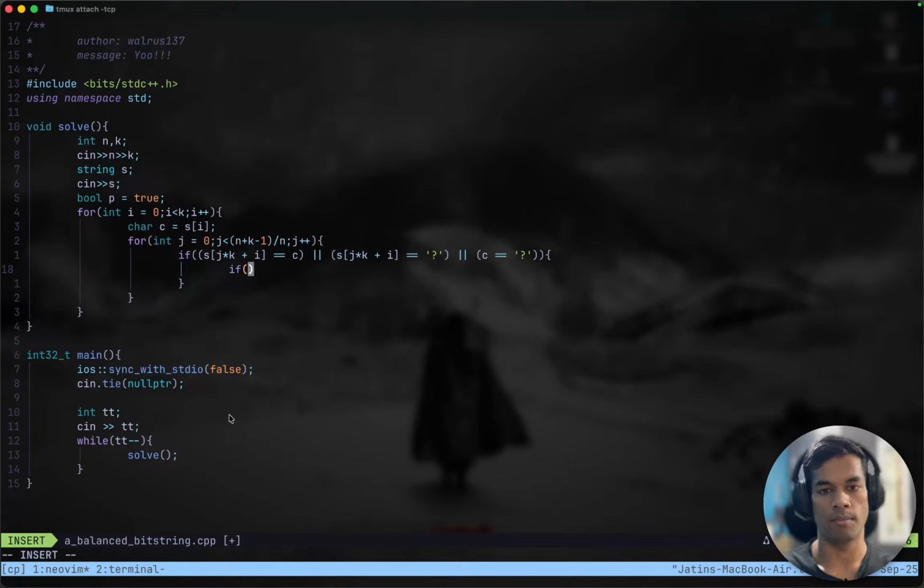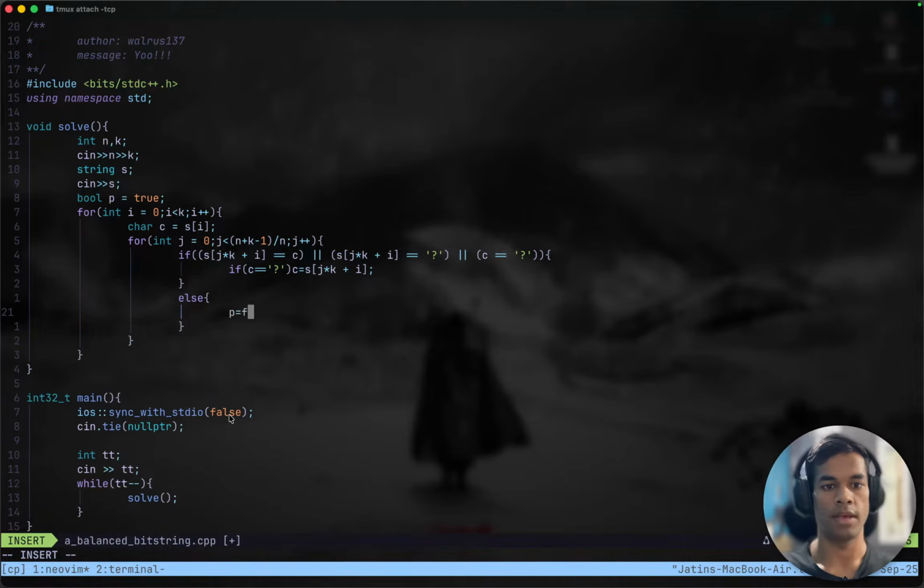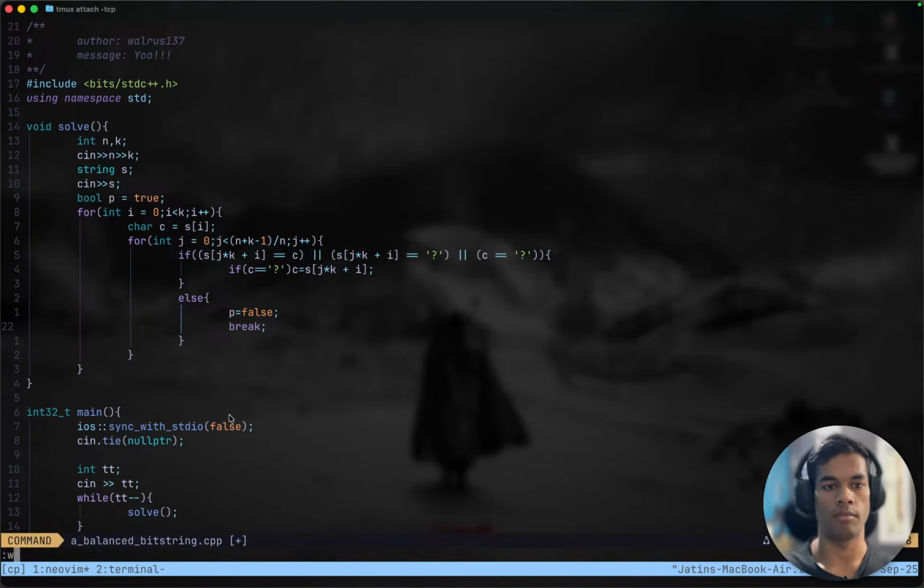And if c equals question mark, then c equals s[j*k+i], whatever the current string is, either the current string is also a question mark or not. If this is true, then okay, else p equals false and break.